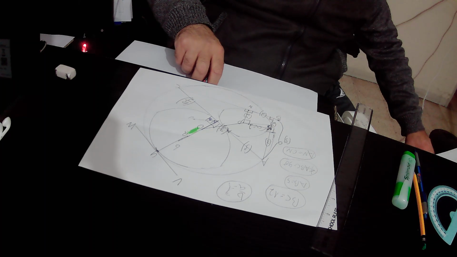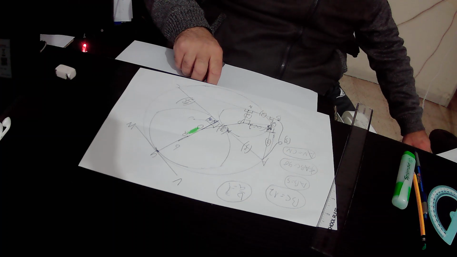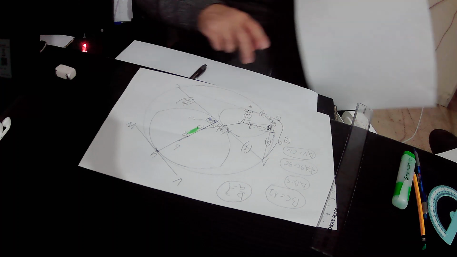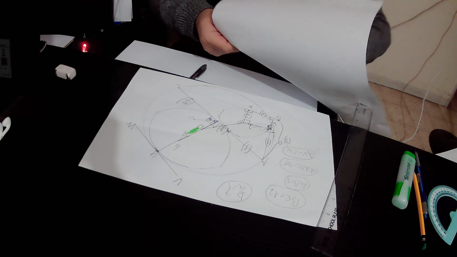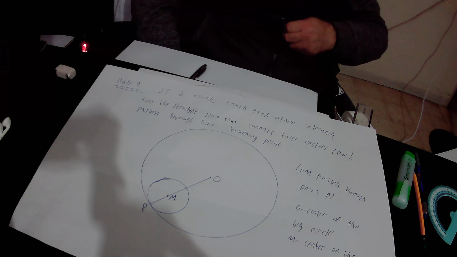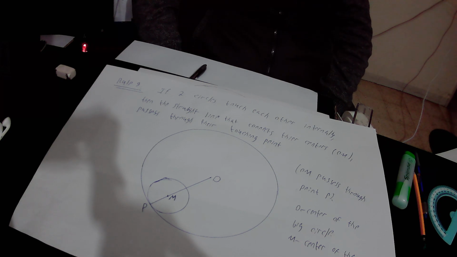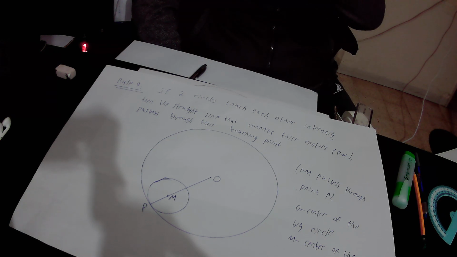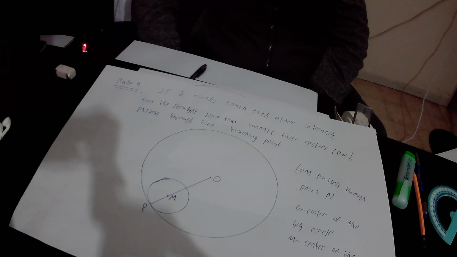So here we have rule number 9. According to rule number 9, if two circles touch each other internally, then the straight line that connects their centers together must pass through their touching point.